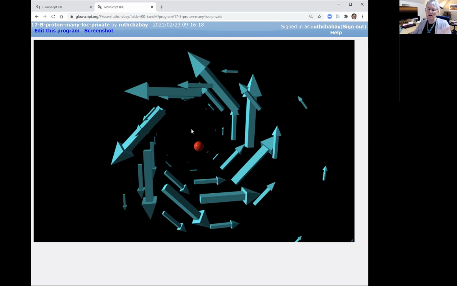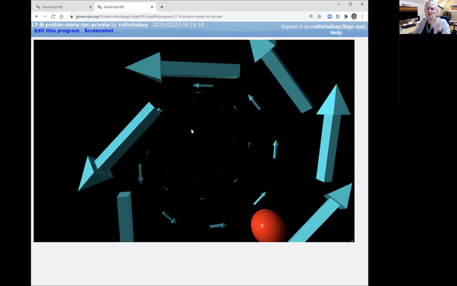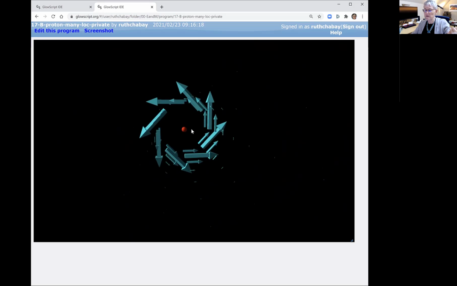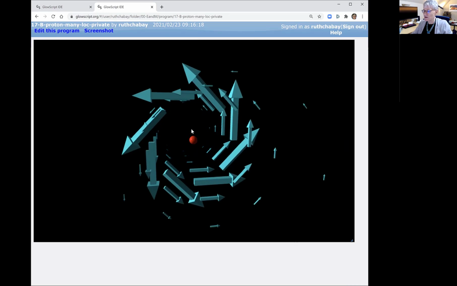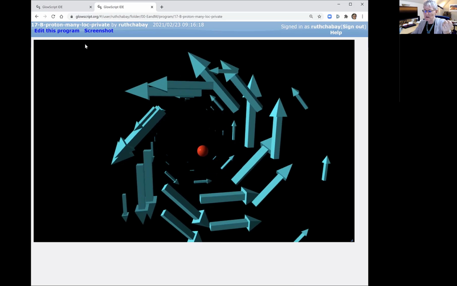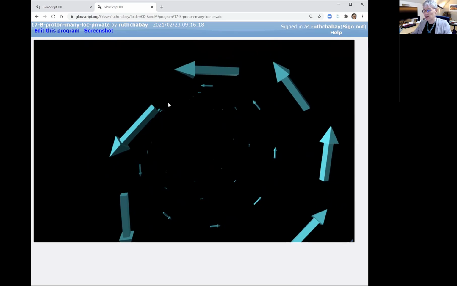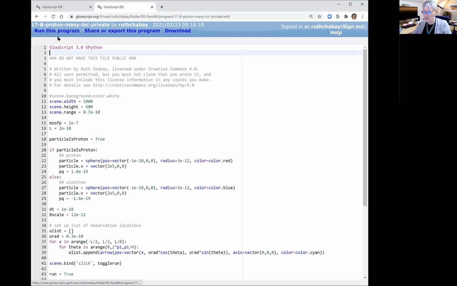So the magnetic field must depend on both the direction of motion of the proton and the vector pointing from the source to the observation location. And so that's the field of a moving proton. If this was a moving electron, we'd find that the field pointed the other direction.